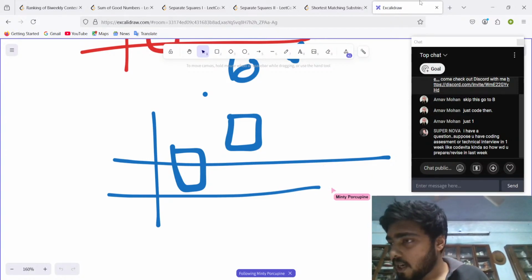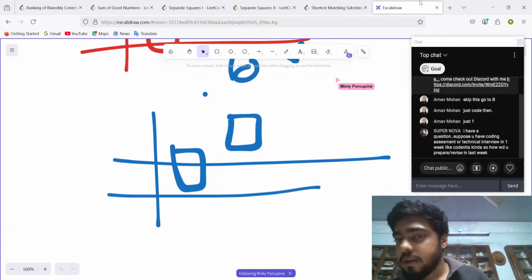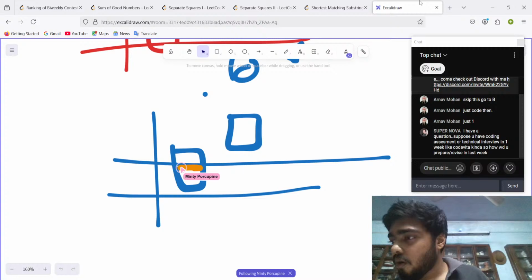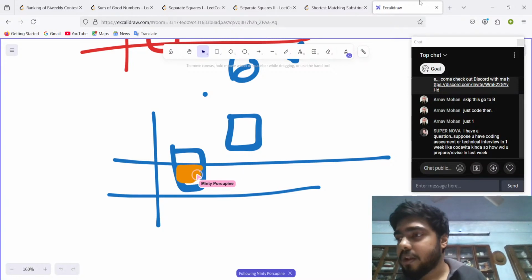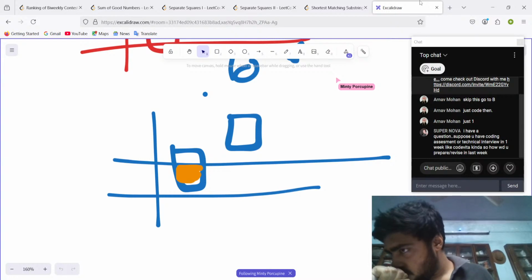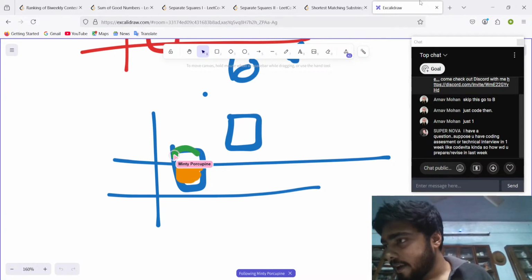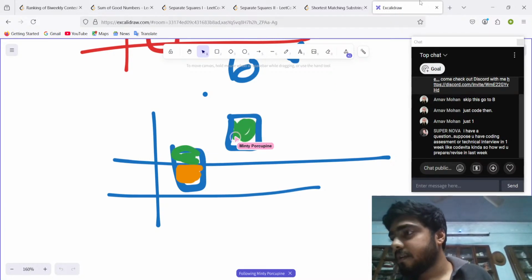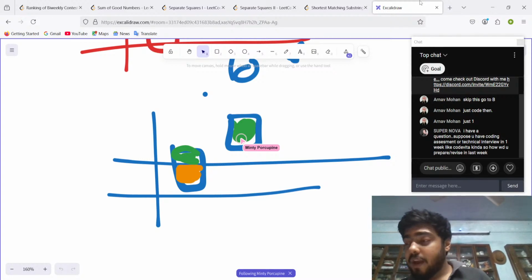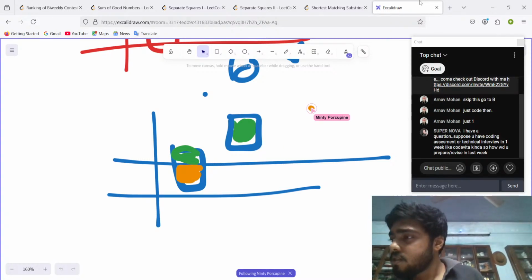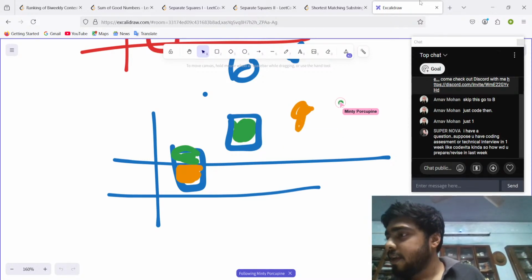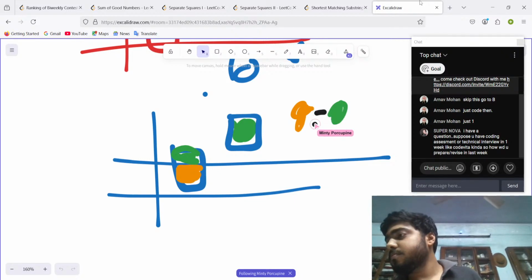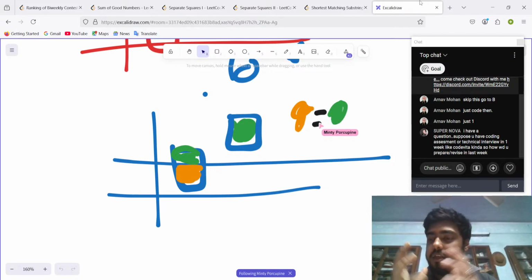For the below part, I'm going to use the orange color, and for the above, it's going to be green. So we have to make the orange and green equal, right?